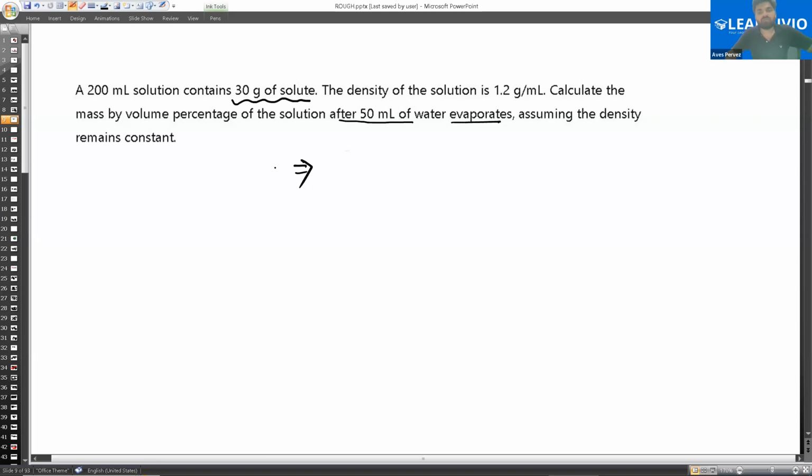If 50 ml of water evaporates, how much water is there in this one? This will be 150 ml. This 30 is upon 150 into 100.